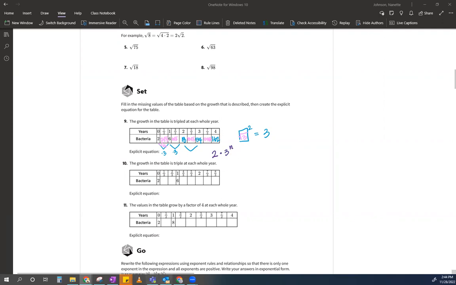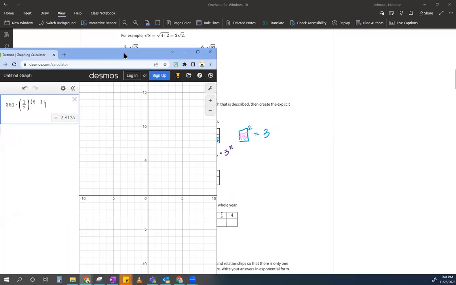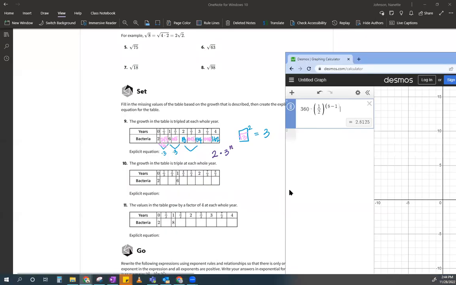I'm just going to use my calculator to figure out which one it's going to be. So I'm going to type in 2 times 3 to the, and I'll pick 3 to the third, and it gave me 54, so it's just going to be to the n.